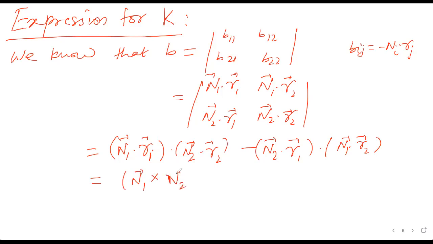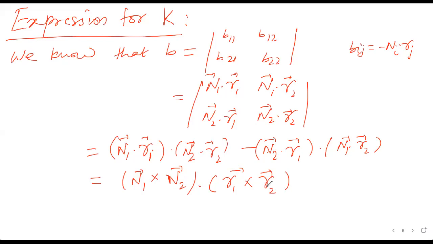It is n1 cross n2 dot r1 cross r2, a cross b dot c cross d. It will be this: a dot c into b dot d minus a dot d into b dot c, है ना। ये फॉर्मूला आता है, क्रॉस प्रोडक्ट है ये आपका 4 वेक्टर्स का, मींस a cross b dot c cross d. And it was how much?